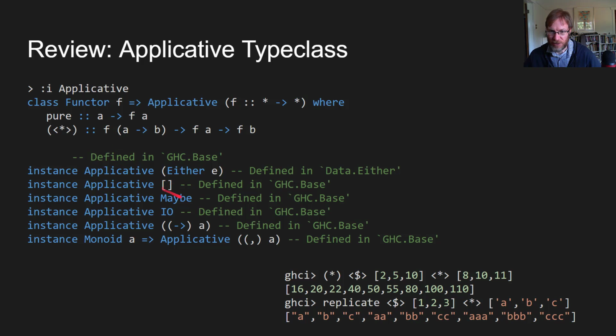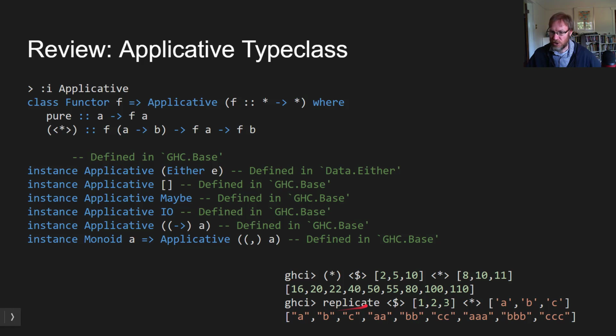Again, all of these different familiar types are instances of applicatives, and we've seen that the applicative combined with functor fmap allows us to lift binary functions over two contexts containing values. So here we are lifting times over two lists, and we see that because of the rules for applicative for lists, we finish up with the Cartesian product of all the ways to multiply the values in one list with the values in the other list.